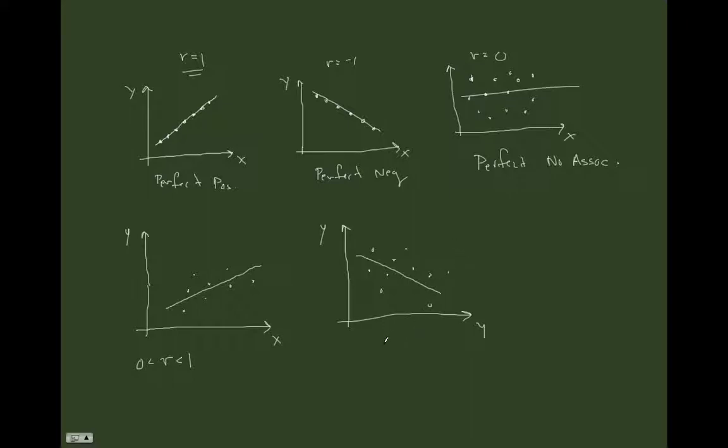This situation is going to happen when r is not equal to negative 1, but it's less than 0. So this would be positive with variation. This would be negative with variation.